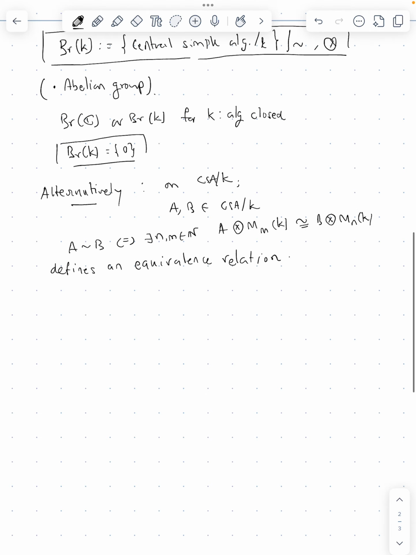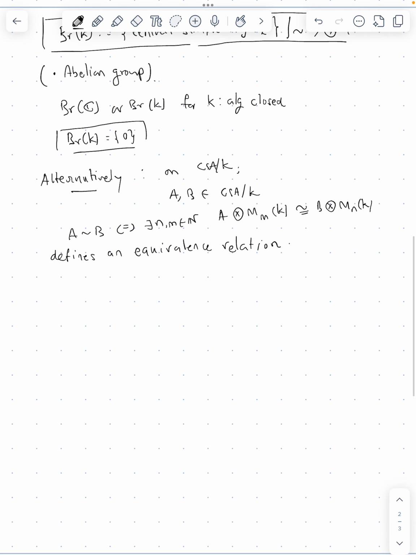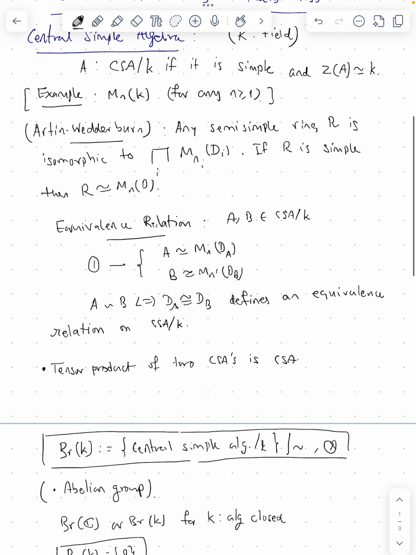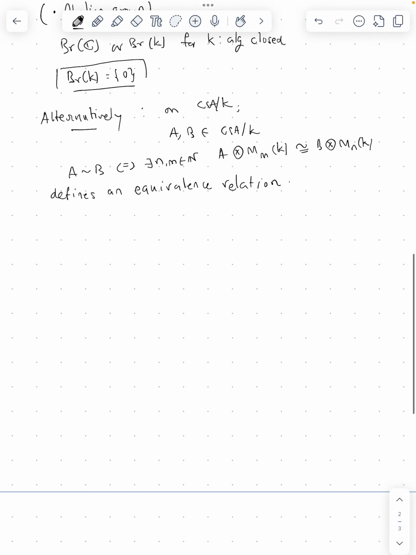And from here you can easily see what the identity element looks like, because you take, as I said, the only example that I gave of the central simple algebra. All these matrix algebras are in a single class because of this equivalence relation, for all n.